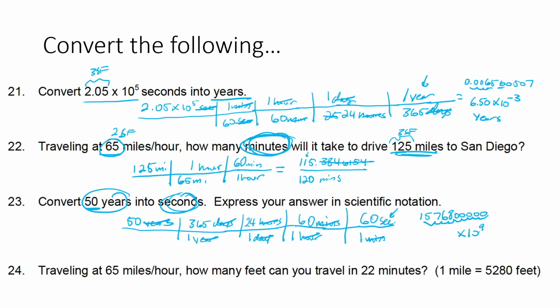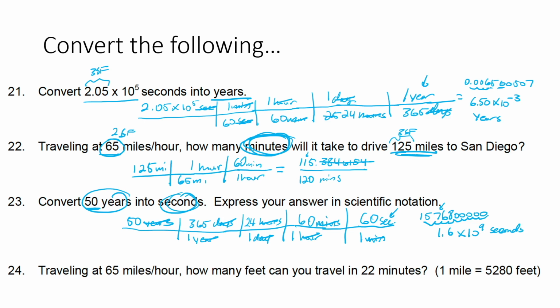Times 10 to the 9th, that's what we have so far. And then we need to have 2 significant figures, so that's going to be 1.7. The 7 here makes the 5 round up to 6. So it's going to be 1.6 times 10 to the 9th seconds. And it's that simple.